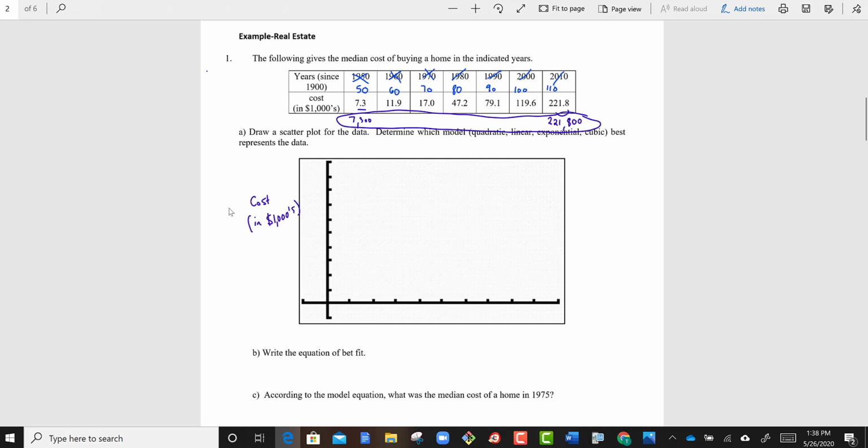And there are 10 tick marks across here. So if you divide 214 by 10, you get a number that's right around 20. So I'm going to count by 20 on the y-axis. And you'll see we're going to go off the grid just a little bit, but that's okay.